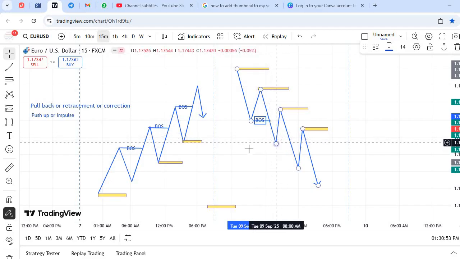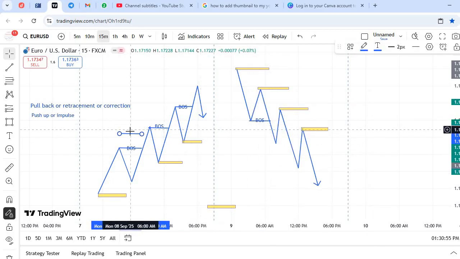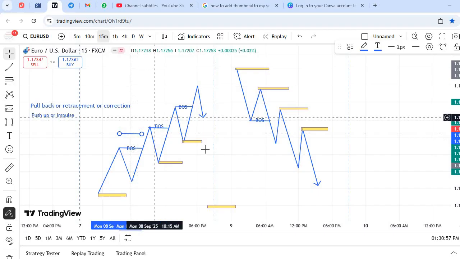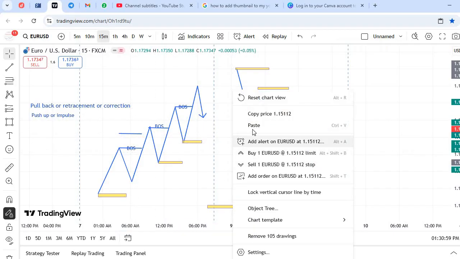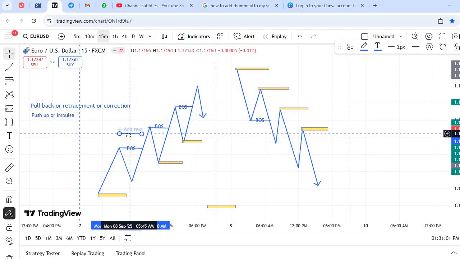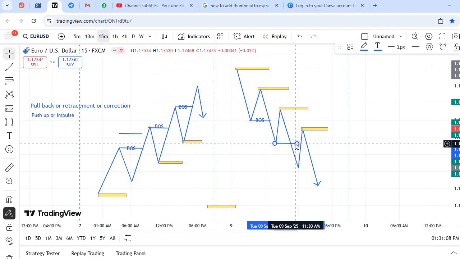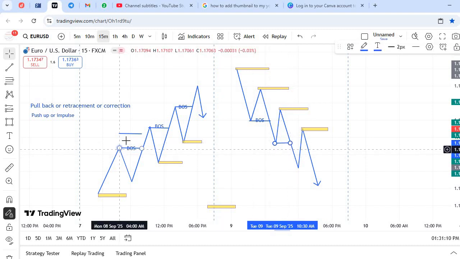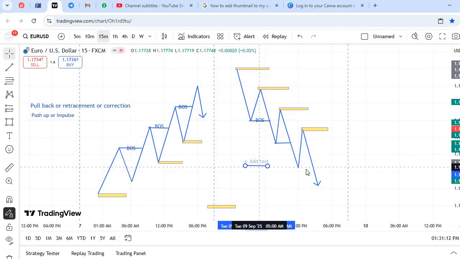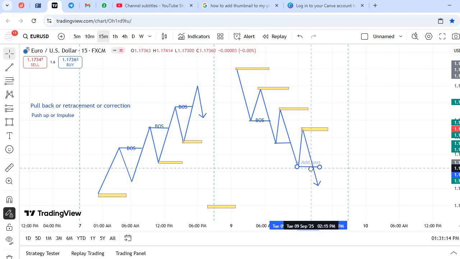Then we have another break of structure here, and another break of structure here, and another one here.